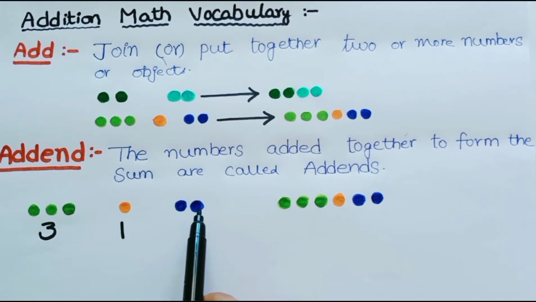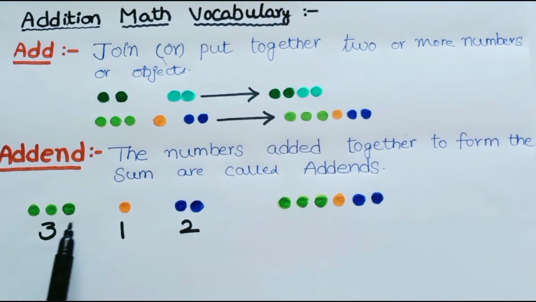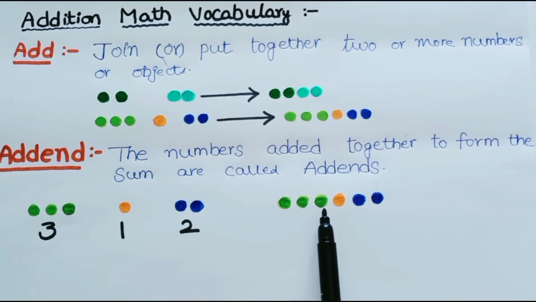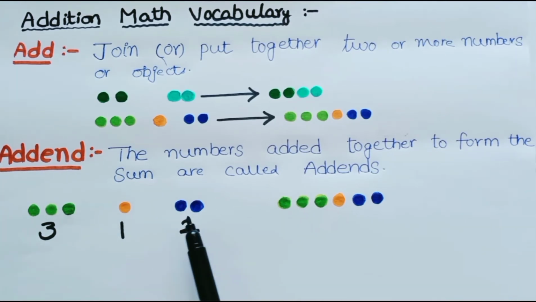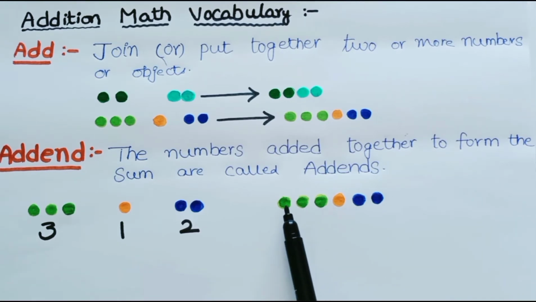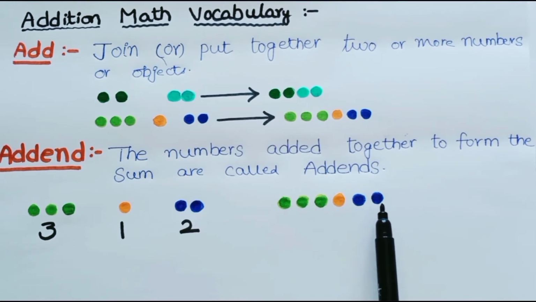And in the third set, how many indigo color dots are there? 1, 2. Only 2 indigo color dots. So if we add them together, how many dots do we have totally? There are 3 green color dots and 1 orange dot and 2 more indigo color dots. So all together how many dots are there? 1, 2, 3, 4, 5, 6.